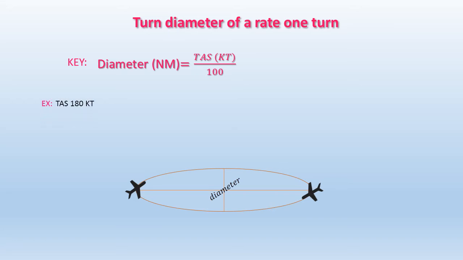Refer to the same example: true airspeed 180 knots, how much is the diameter of the turn? Referring to the formula, 180 divided by 100 equals 1.8 nautical miles. So the diameter should be 1.8 nautical miles when making a rate 1 turn. I think this formula is good for you to apply during flight. It's easy to calculate also.